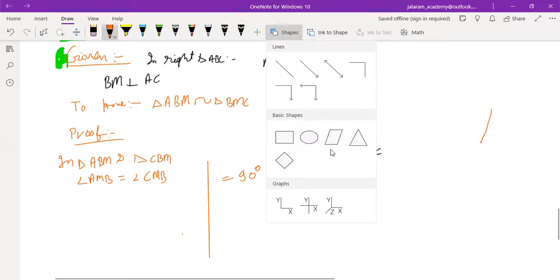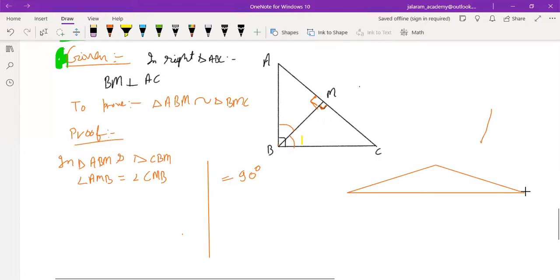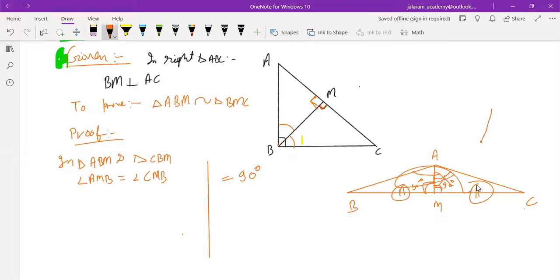You can look at this triangle. If this side is perpendicular, it means that AM is perpendicular to BC, meaning this angle is 90 degrees, this angle is 90 degrees. But sometimes students take BM equals MC, angle BAM equals angle AMC. These are all wrong things. So don't use this.